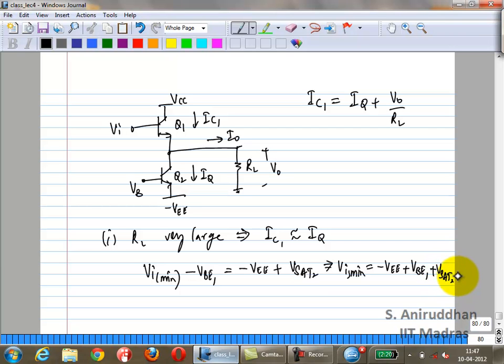Correct? This will be the case when RL is very large. Okay. How about what happens when RL is very small?